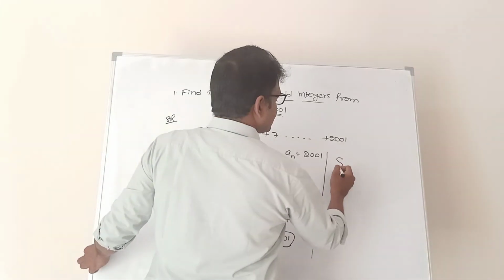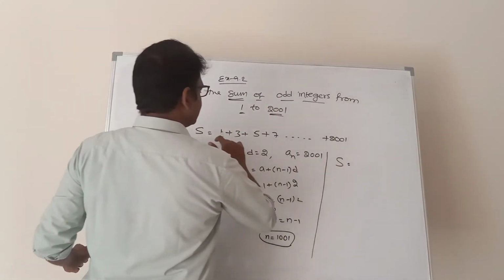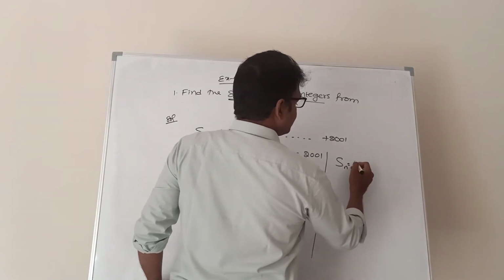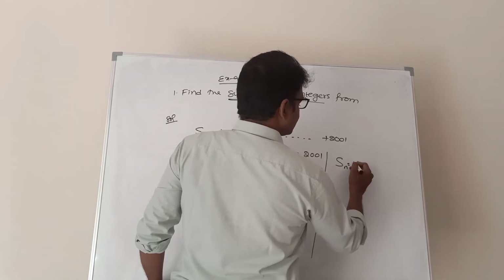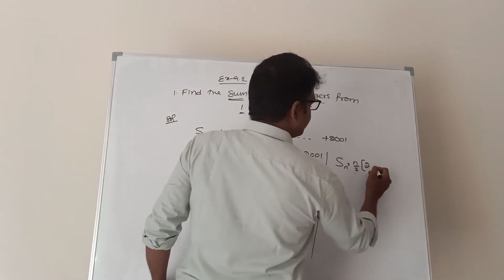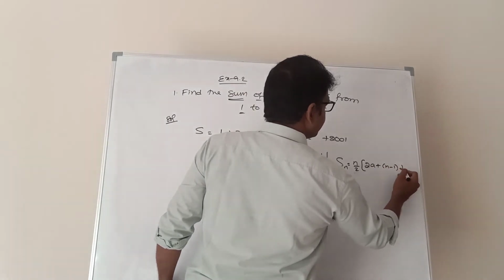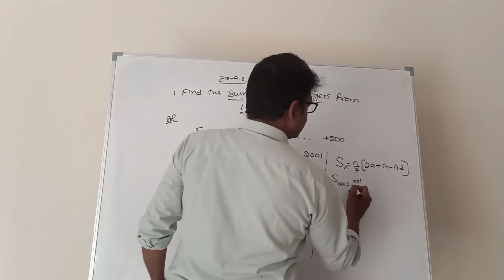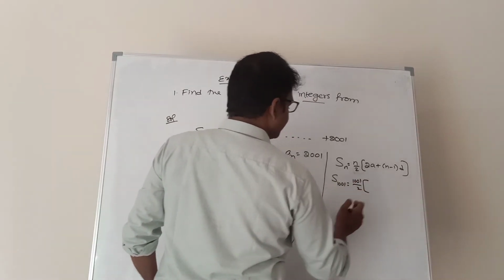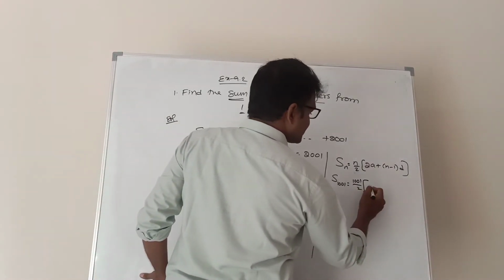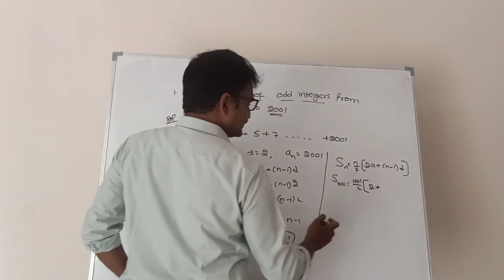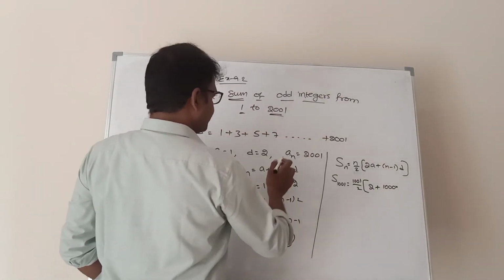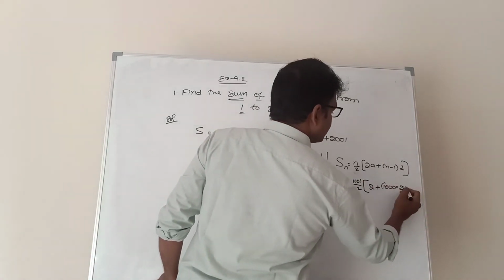Now find the sum of 1001 terms. The formula is S n is equal to n by 2 into 2a plus n minus 1 into d. Here, 1001 terms are there, so n value is 1001 by 2 into 2a, where a value is 1, so 2 plus n minus 1 into d. 1001 minus 1 means 1000 into common difference 2.